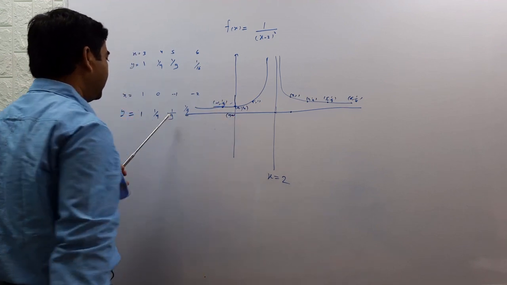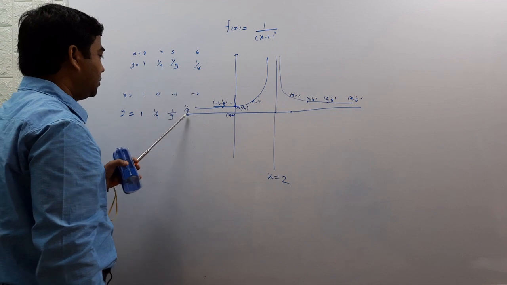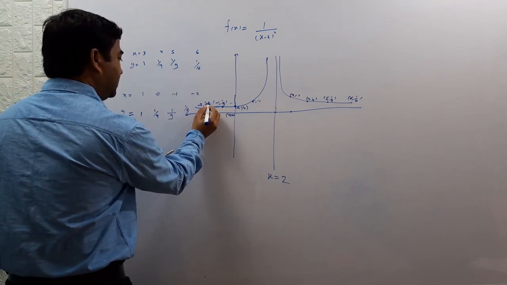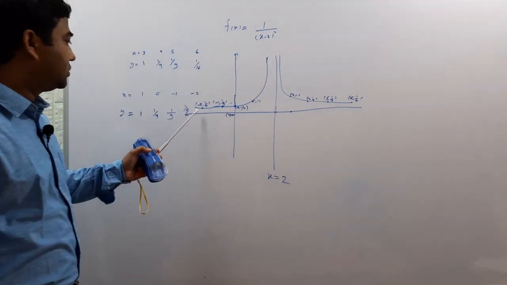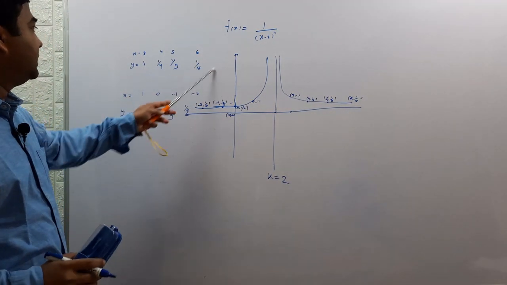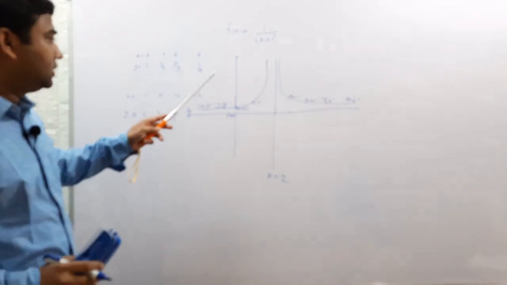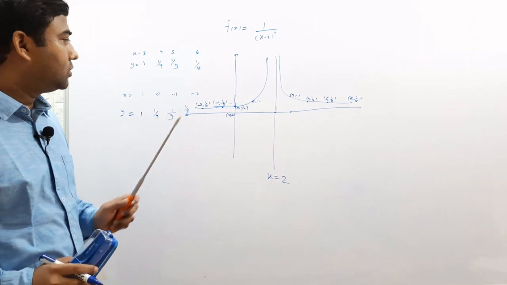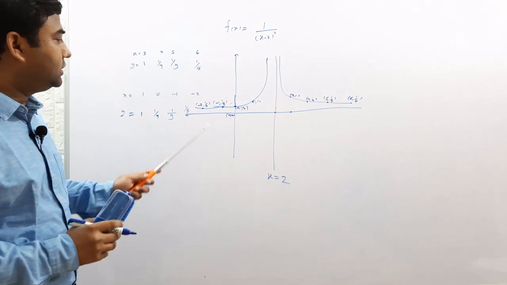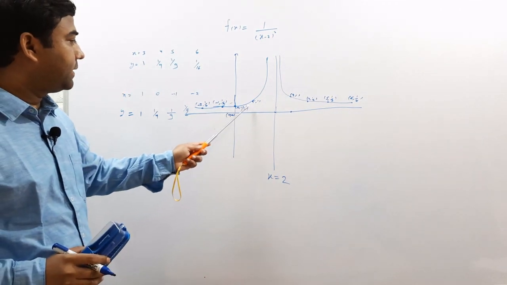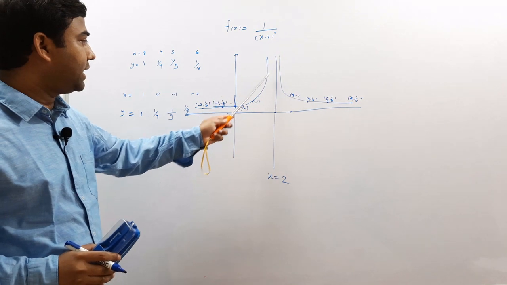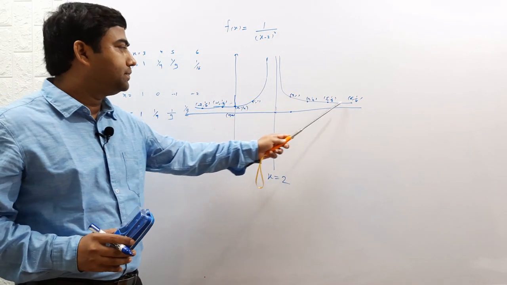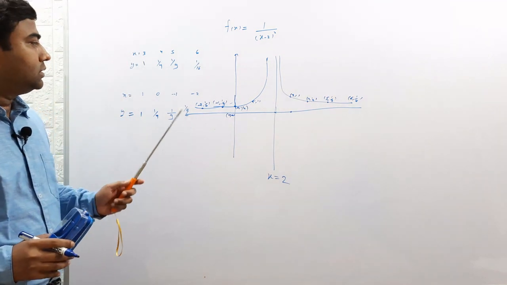This is another point. And minus 2, 1 by 16. So, we have selected some points, located these points on this Cartesian coordinate system, and then joined these points by approximate lines. So, the approximate shape of this curve can be drawn.